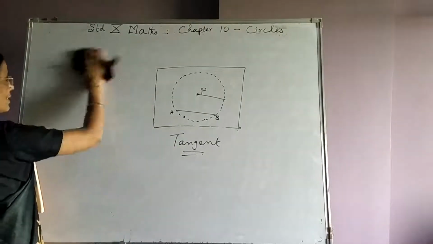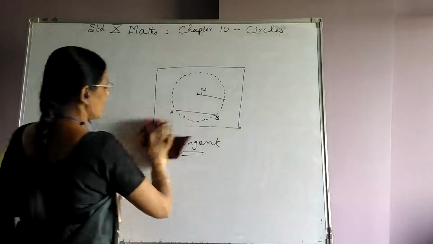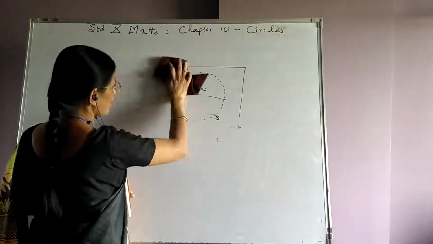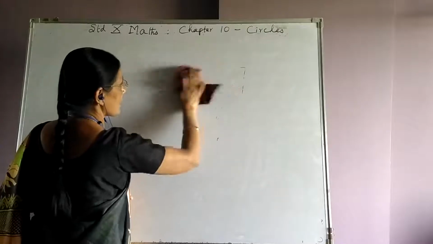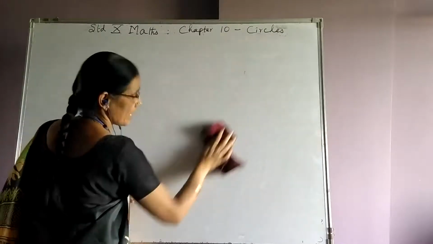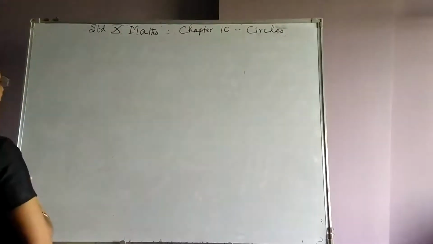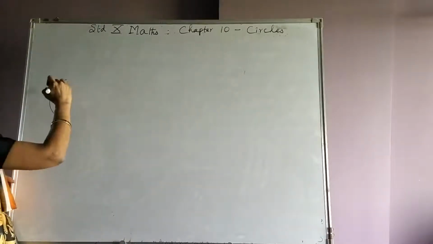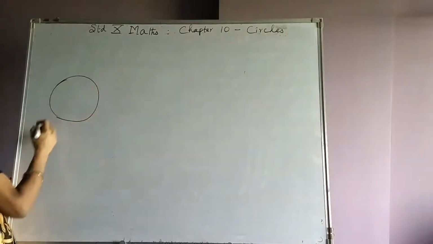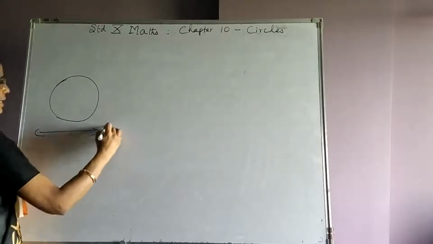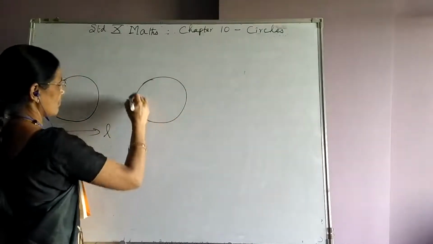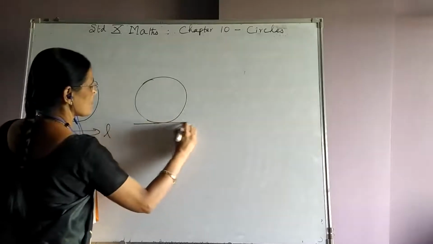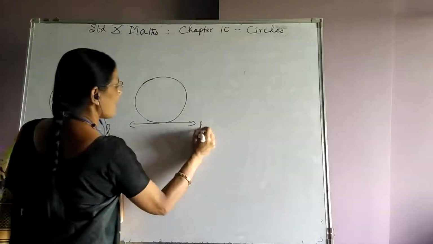Let us see what is a tangent. Before that, let us discuss the three possible cases when a circle and a line are given in the same plane. A circle is drawn, say a line L is drawn.